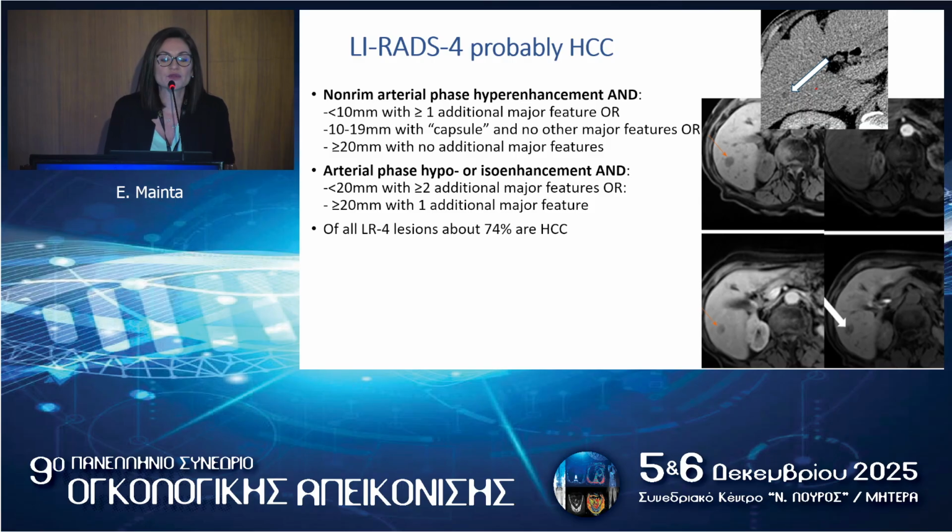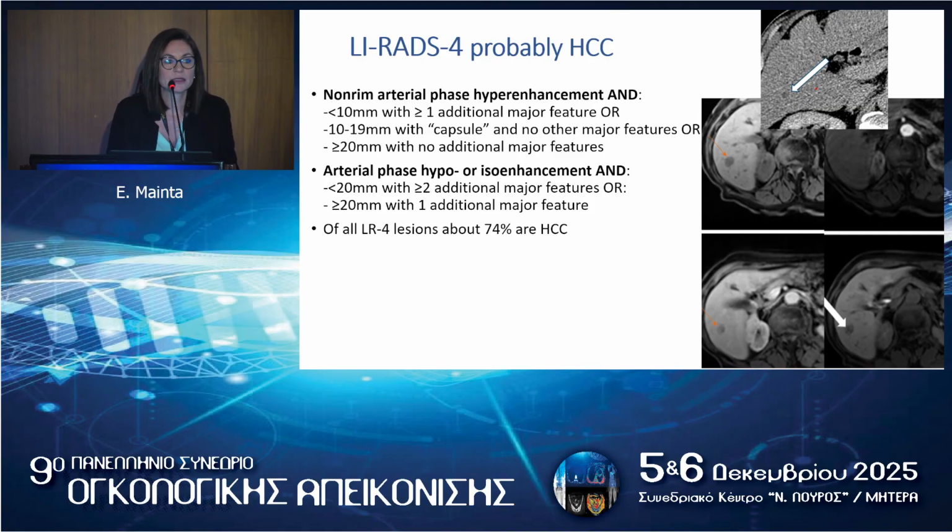And now the LI-RADS 4 category, which refers to lesions which are probably HCC. There is non-rim arterial phase hyperenhancement, and depending on the size, in less than 10 millimeters with one or more additional major features, in size 10 to 19 millimeters with capsule and no other major features, or in lesions which are 20 millimeters or larger with no additional major features.